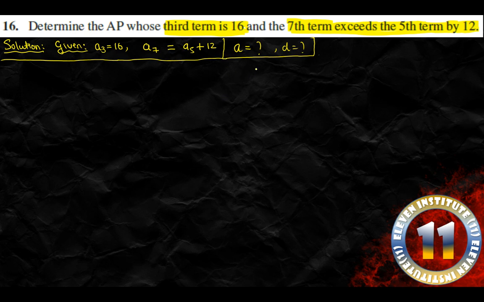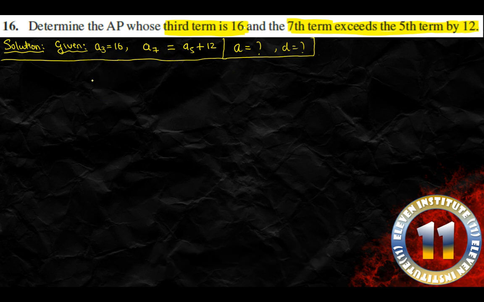So as usual, there are two unknown values, and for that we have been given two different datas or two different equations. Fine. So we will utilize both the datas and try to find the value of A and D. So let us move ahead with A3 and this given equation.